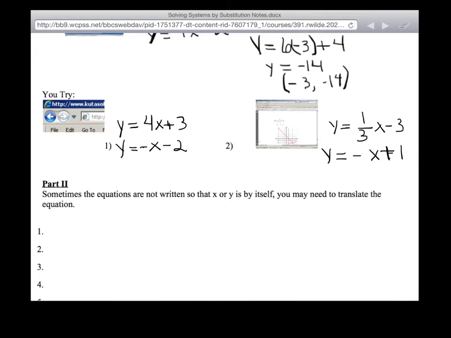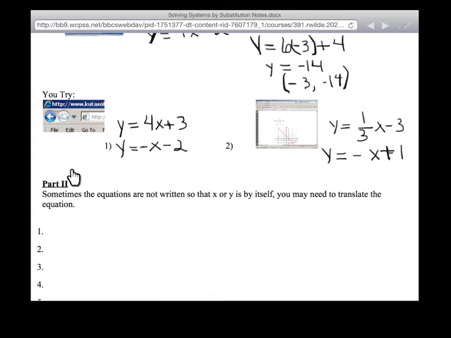Now, before you begin, remember what you're doing here is you're setting these equations equal to each other. y equals the same thing, so go ahead. Remember, you're going to set 4x plus 3 equals negative x minus 2. And what variable will you be solving for there?